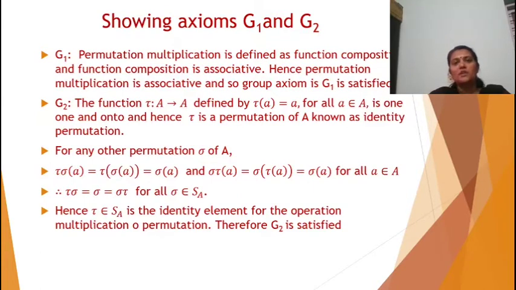Now we take any other permutation sigma. Then tau sigma of A is equal to sigma of A. Similarly sigma tau of A is equal to sigma of A for all A element of A. So tau sigma is equal to sigma tau, equal to sigma, for all sigma element of SA. Hence tau, an element of SA, is the identity element for the operation of permutation multiplication. Therefore G2 is satisfied.